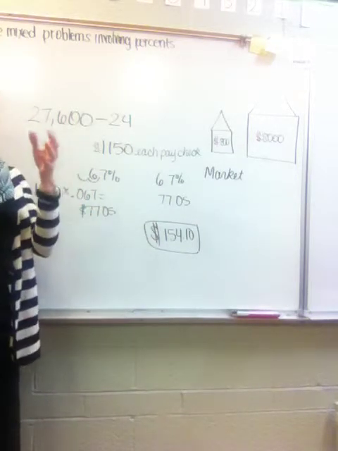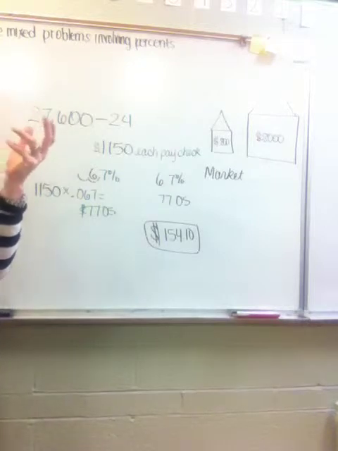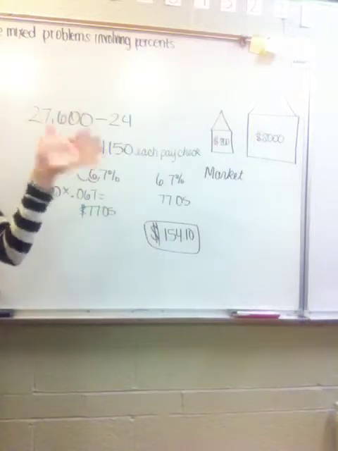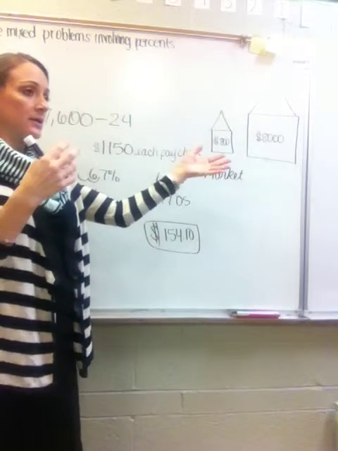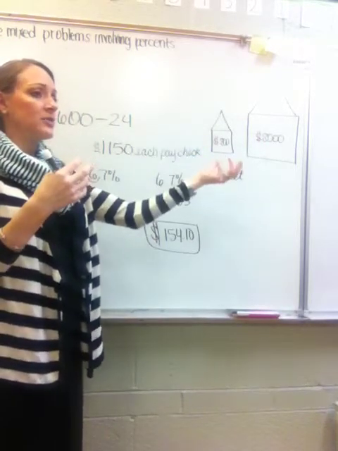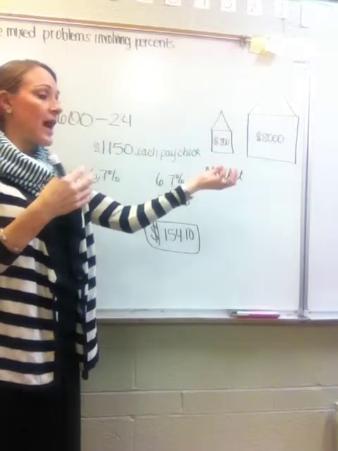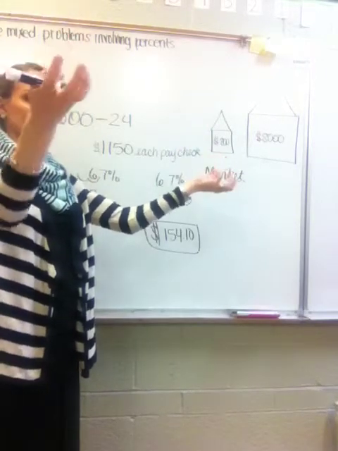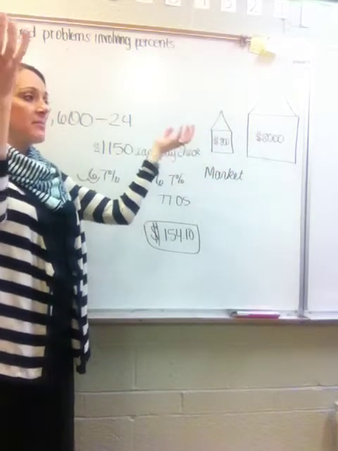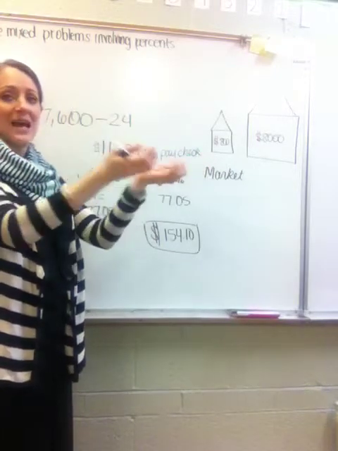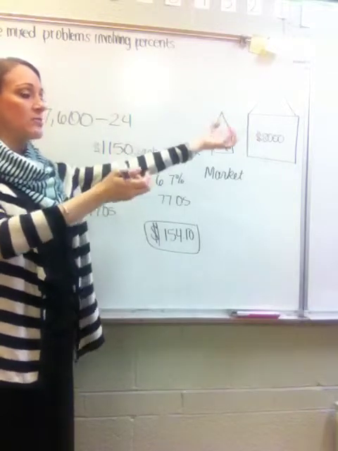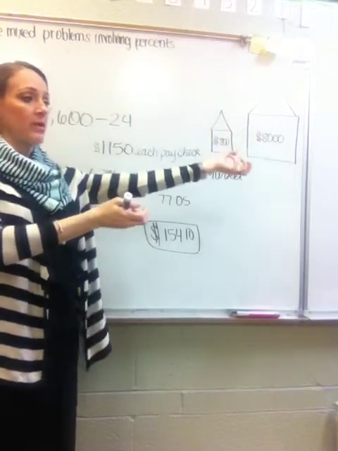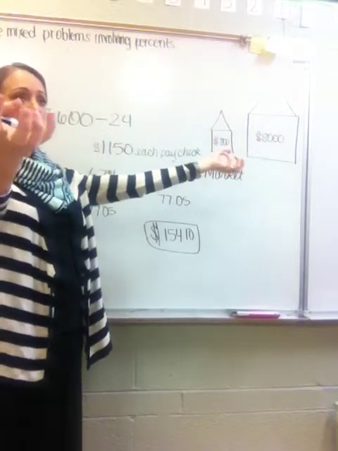The market value is only what somebody's willing to pay for it. You could have the same house, and I'll use what's in this area right here, in Norwood and the same house in Hyde Park. In Hyde Park, you could have a really small house. In Norwood, you could have a really big house. But because of the market value, they could be priced exactly the same. People are willing to pay more for it in one area of town than in another.